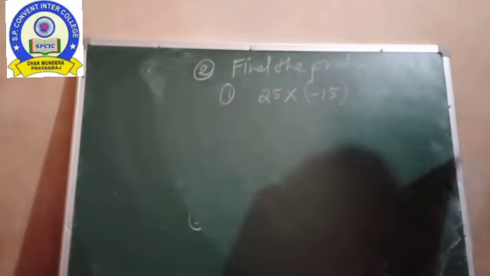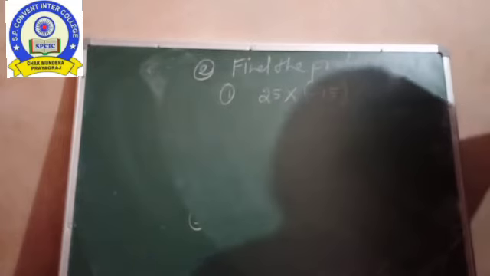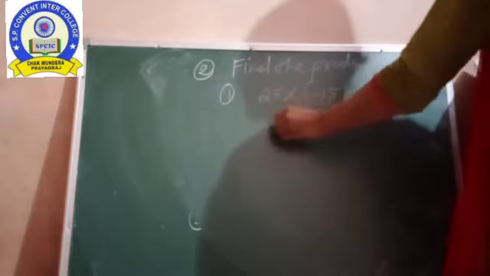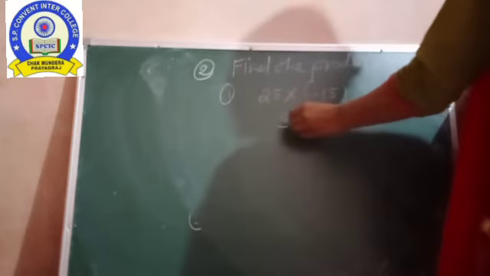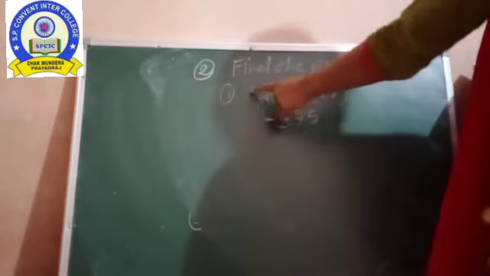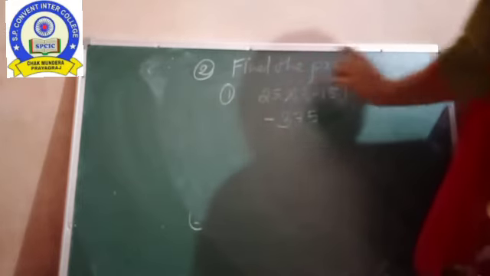What will be the product of 25 into minus 15? It is minus 375, and the sign is minus, because plus into minus is minus.